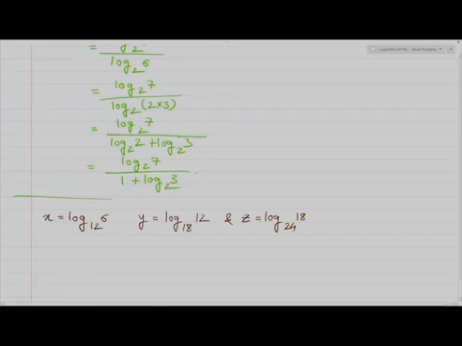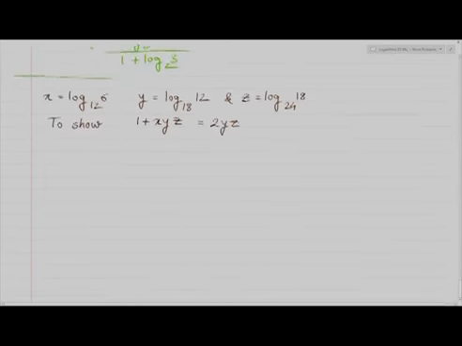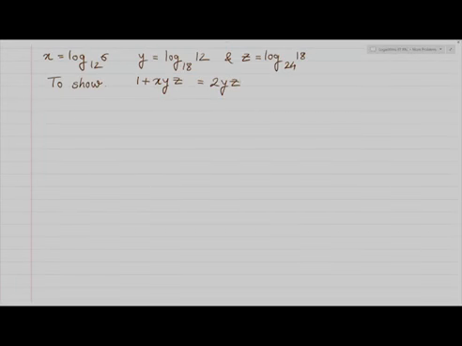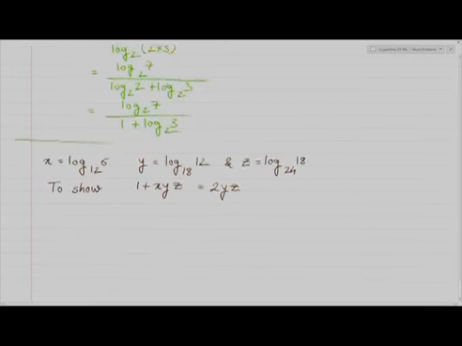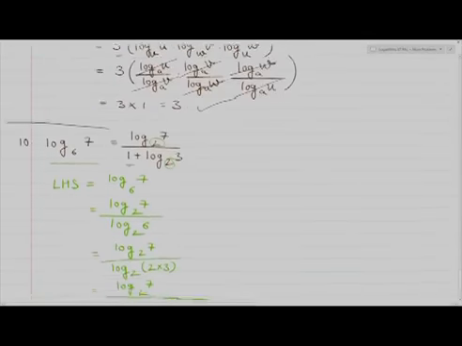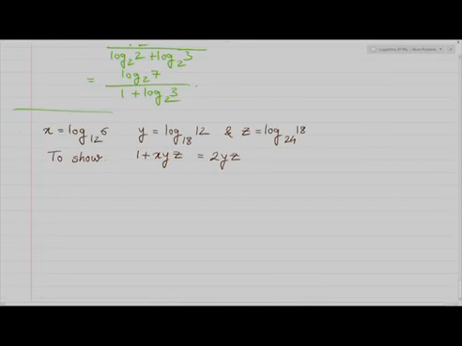And I want to show that 1 plus x into y into z is equal to 2 into y into z. Okay. So this is my problem, and I think this is question number 11. Yes, this is question number 11. So how will you solve this problem?